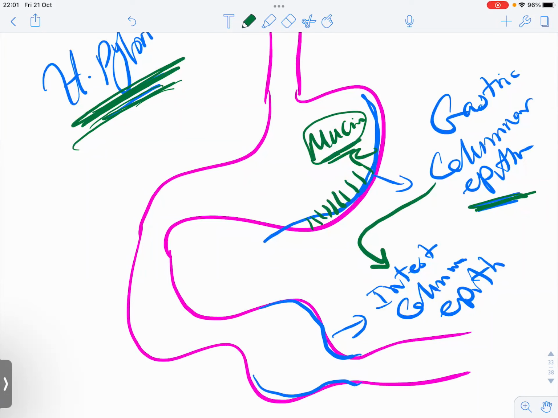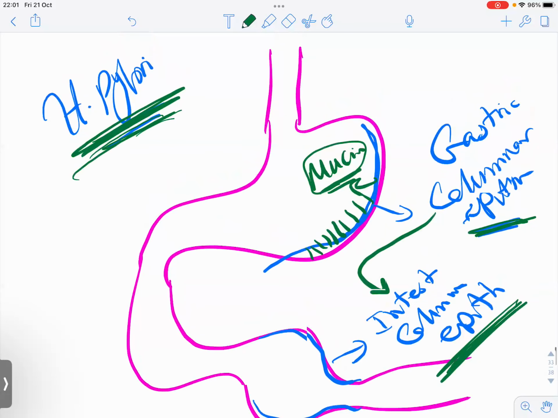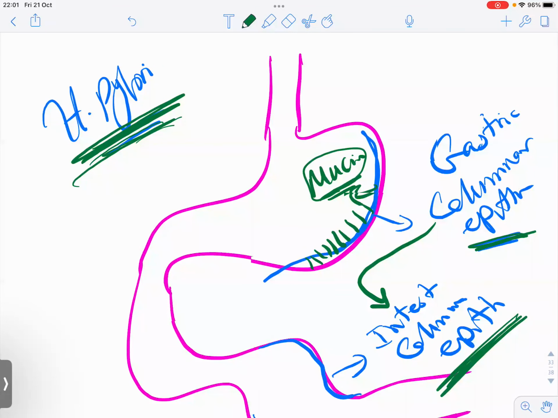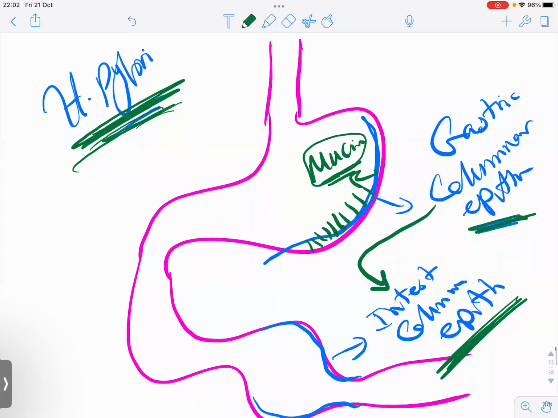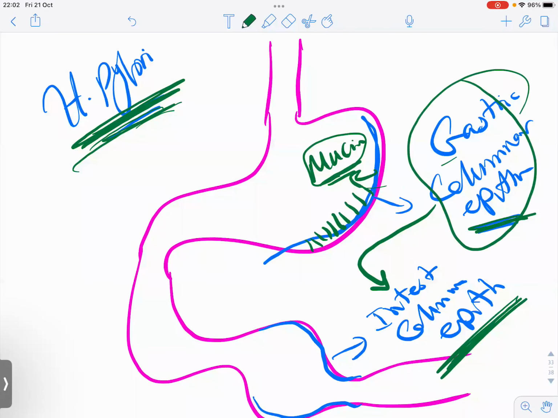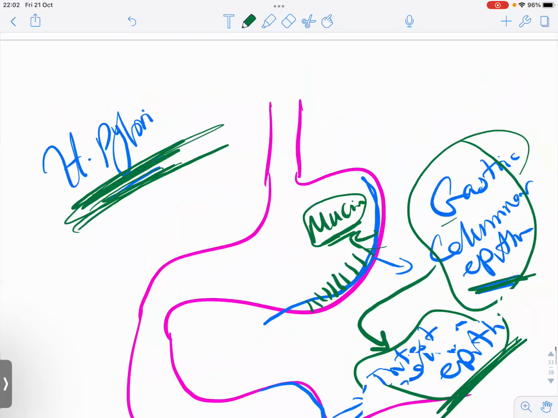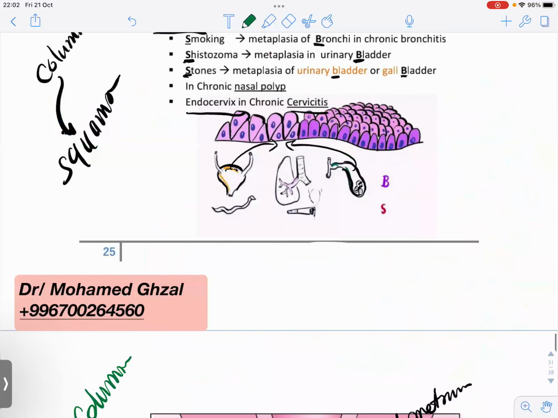Gastric columnar epithelium will be transformed into intestinal columnar epithelium. Why? Because intestinal columnar epithelium doesn't secrete the specific mucin which Helicobacter pylori can eat. So gastric columnar epithelium transforms into intestinal columnar epithelium because this bacterium cannot live within it.